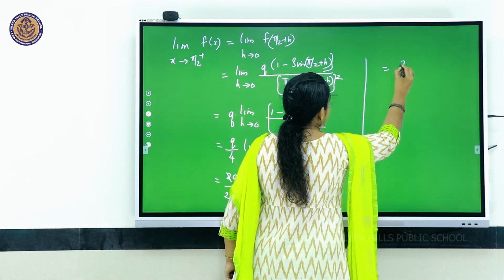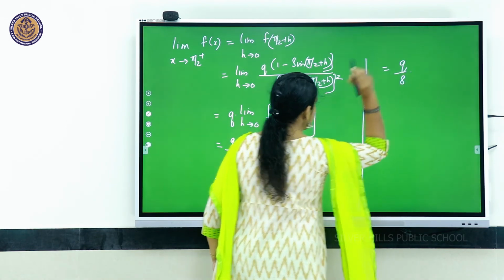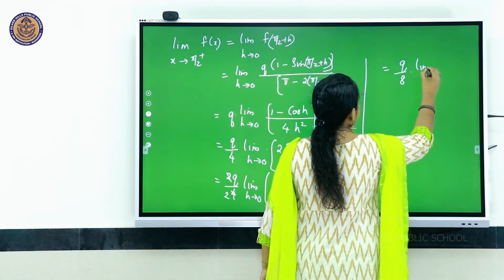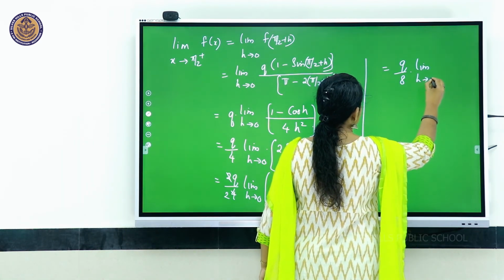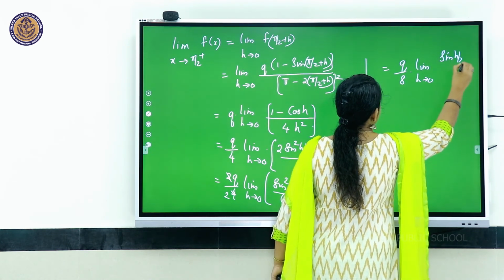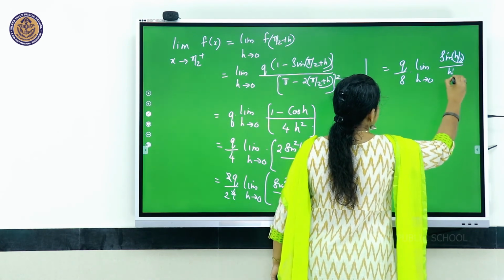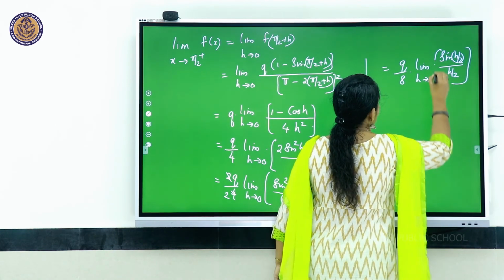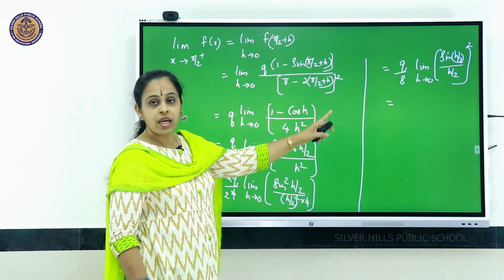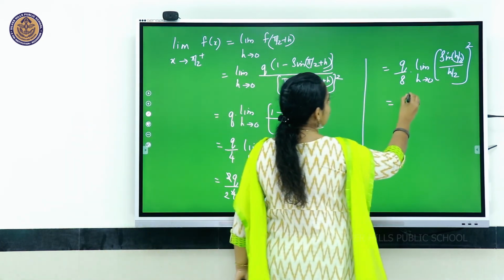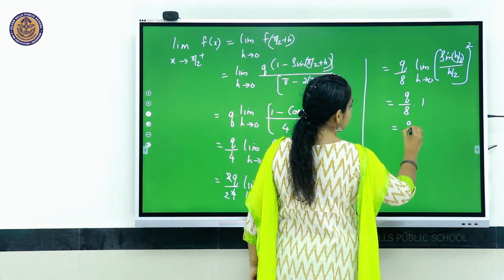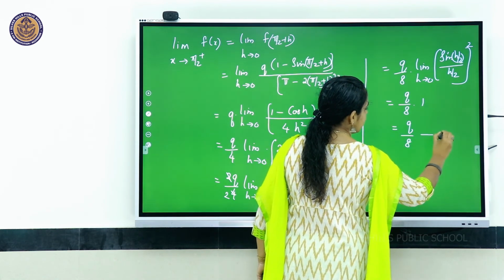Equal to q by 8 into limit h tending to 0, (sin h by 2 by h by 2) whole square, equal to q by 8 into 1, q by 8.